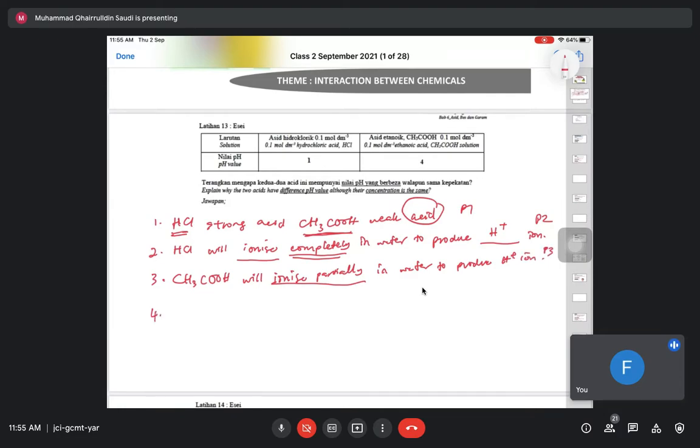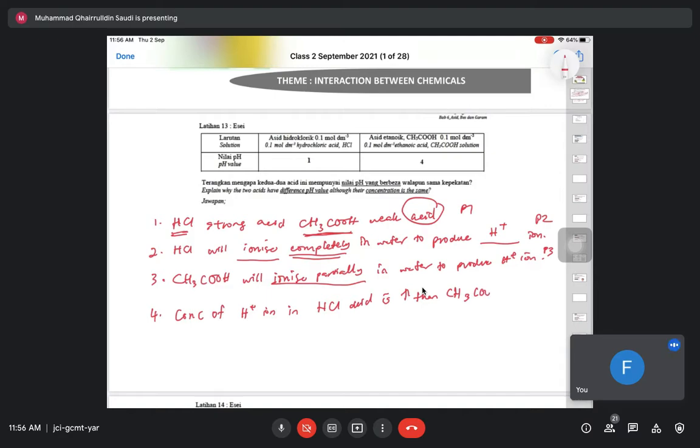The fourth point, now we will talk about the differences, because one acid ionized partially, the other acid ionized completely, so they will have a difference in their concentration of hydrogen ion. So concentration of hydrogen ion in which acid is higher? Good, in hydrochloric acid is higher than ethanoic acid.